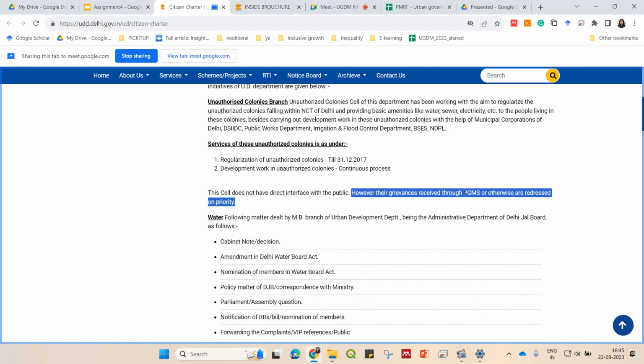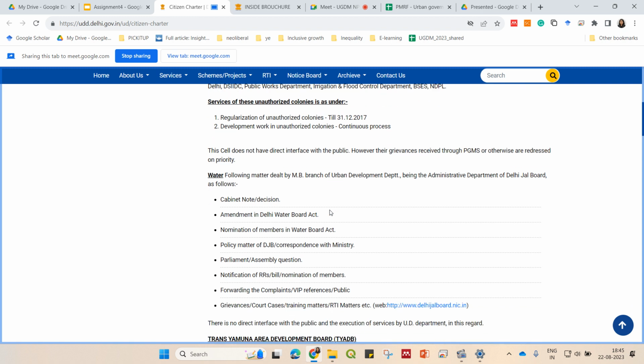PGMS is the Public Grievance Mechanism which they have as a part of the Government of NCT of Delhi. So all of the grievances regarding this particular objective can be filed or submitted through the PGMS system which they have.